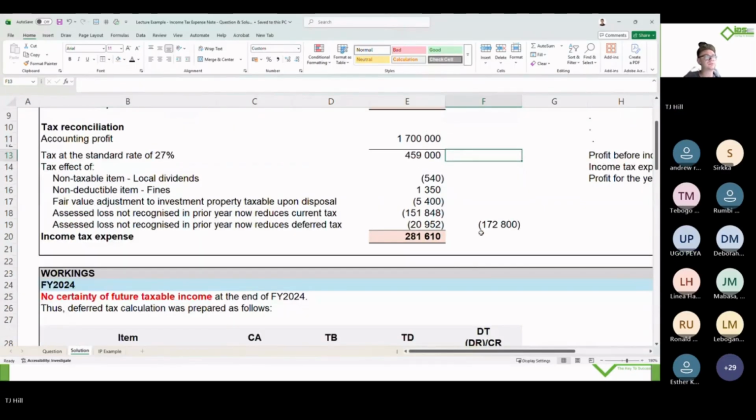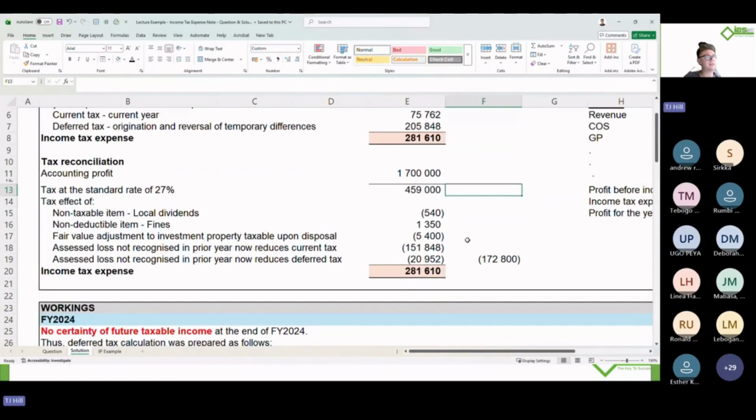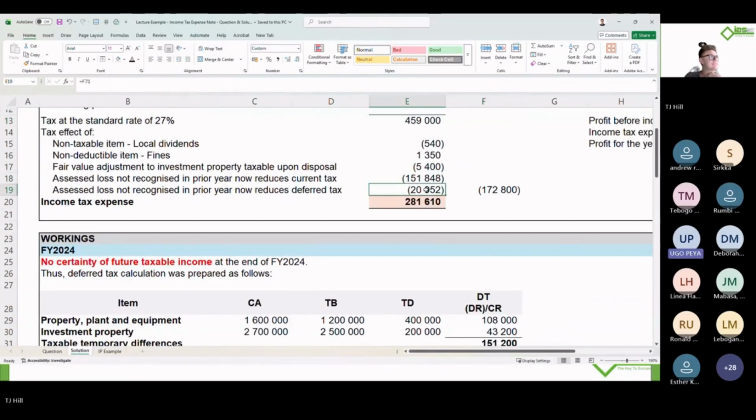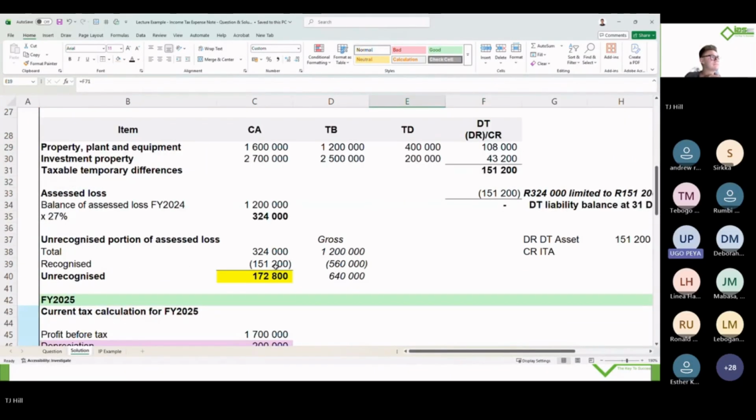Cool. But the best way to think, oh, you go. I wanted you to scroll down to one of the assessed losses, one of the balances before, with now the unrecognized portion.